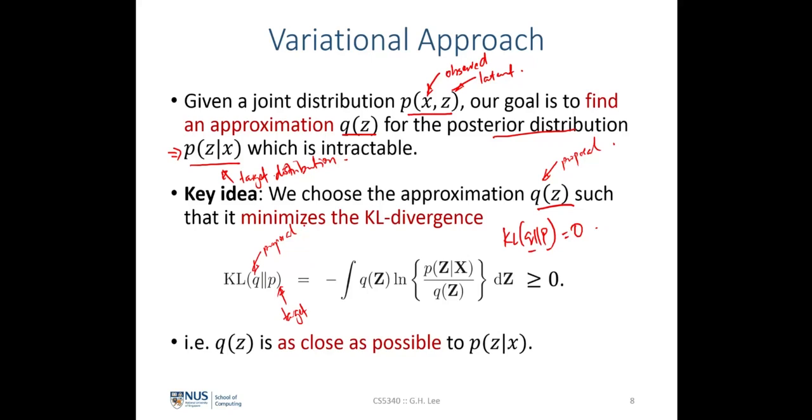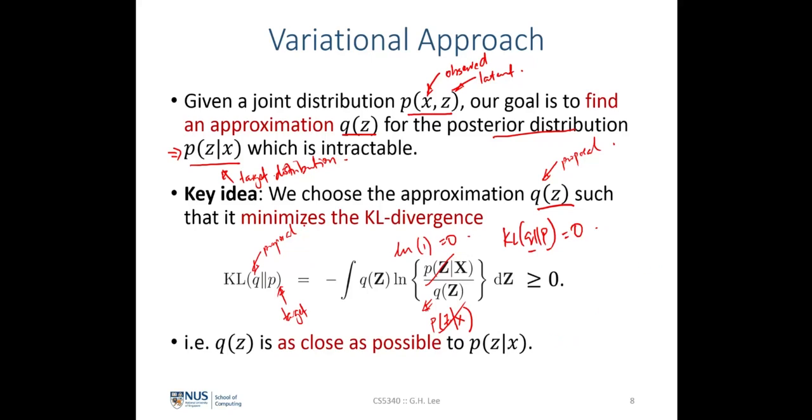We can verify this ourselves by looking at this particular expression over here. In the case where Q becomes equivalent to P(Z|X), we saw that this will cancel out, and this term over here would simply become log of 1, which is equal to 0.